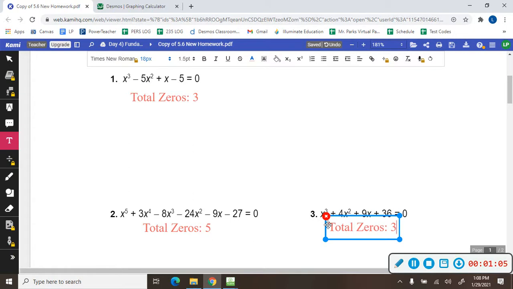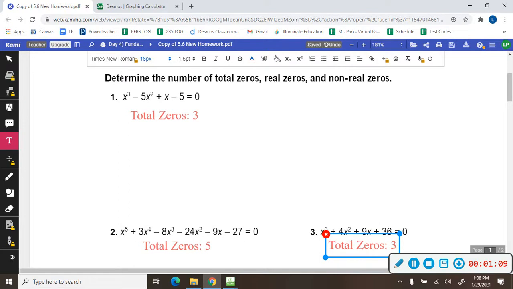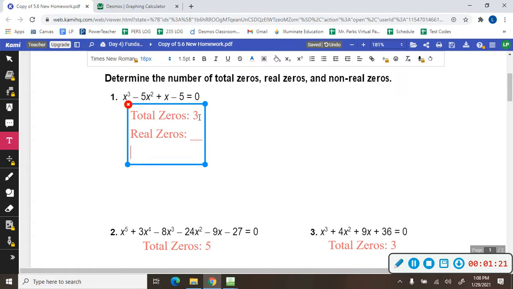So now we have total zeros. That's the easy part. Now let's go through and determine the number of real zeros and the number of non-real zeros.